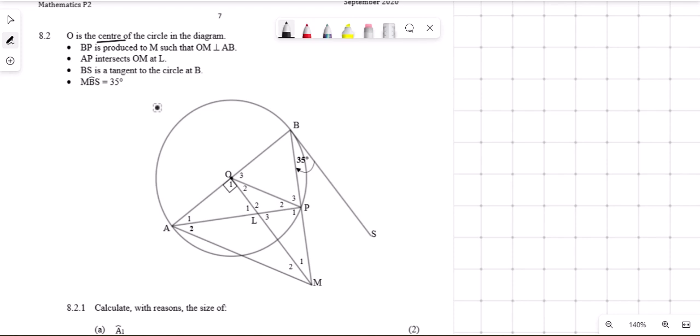Theorem 2: angle at the center is 2 times the angle at the circumference, which is what we just proven there. Then theorem 3: angle subtended by a diameter is equal to 90 degrees.